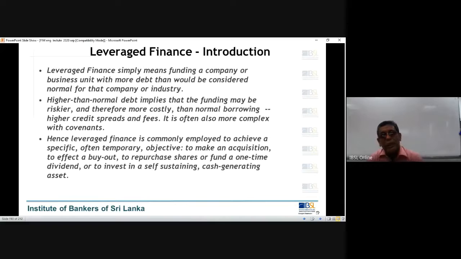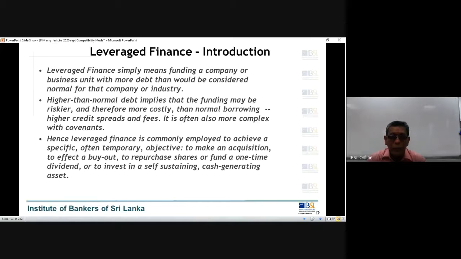What do you mean by leverage finance? Leverage finance simply means another approach: funding a company or business unit with more debt than would be considered normal for that company or industry. So if you are using more debt to fund a particular organization's strategy or business activity, that is what you call leverage finance.